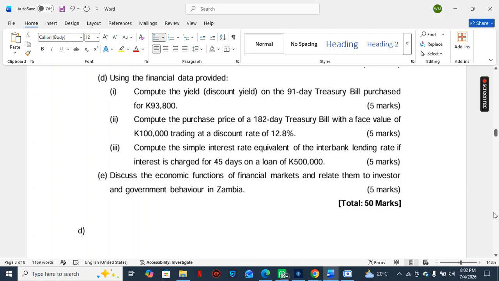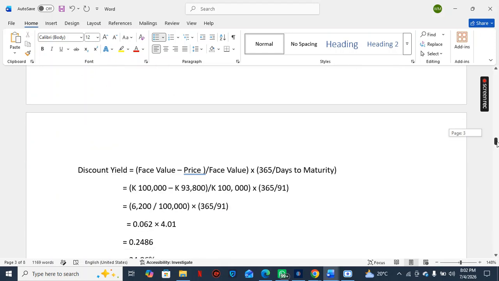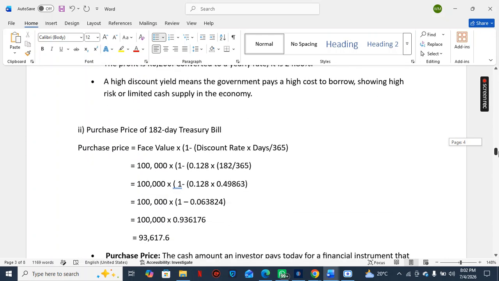Okay, so we're trying to find out how much we need to pay for a 182-day treasury bill. How much do we need to pay? So this is how you get the purchase price.